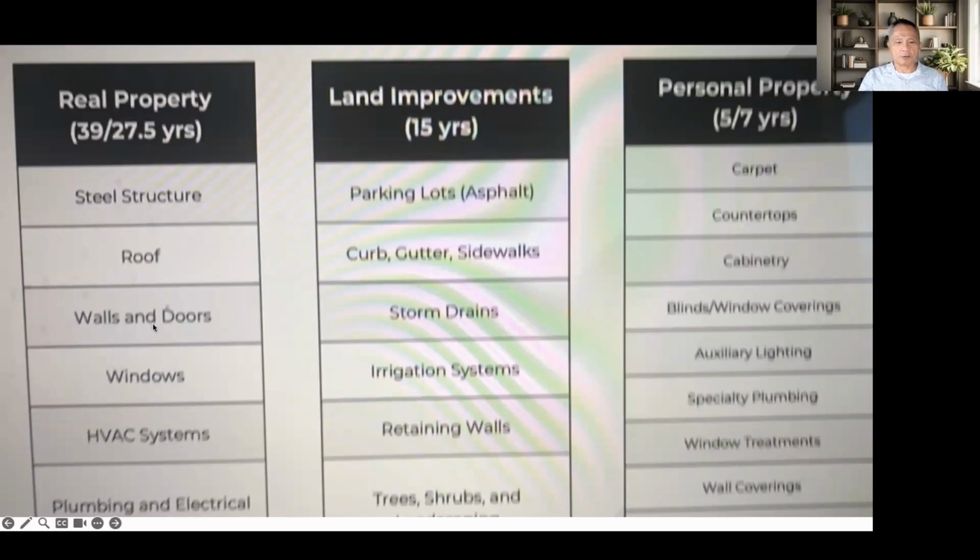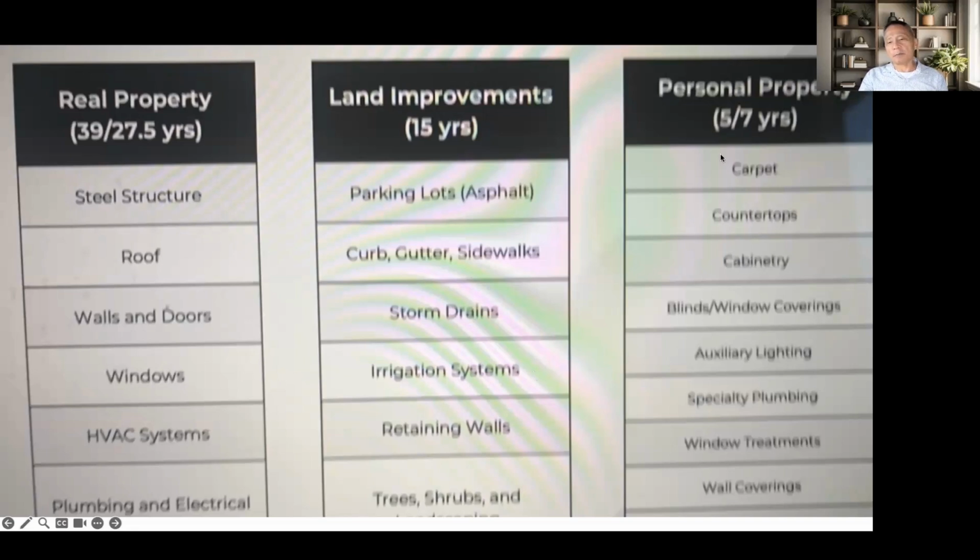Steel structure, roof, walls, doors, windows, HVAC systems, plumbing, electrical. However, the engineering study will have the ability to bring down the land improvements to 15-year accelerated depreciation: parking lots, curbs, gutters, sidewalks, storm drains, whatever.